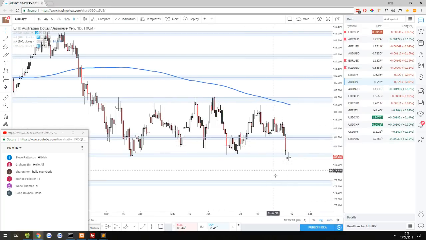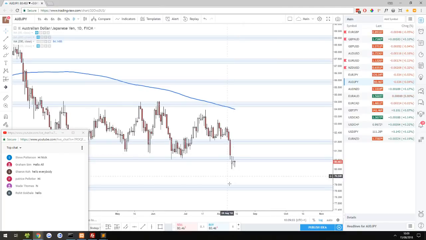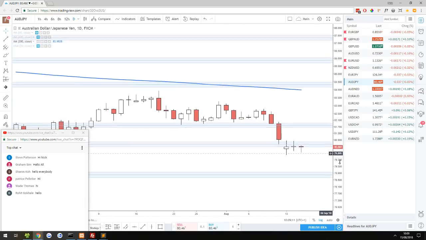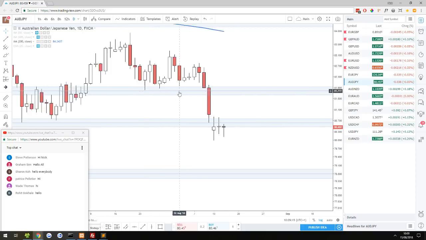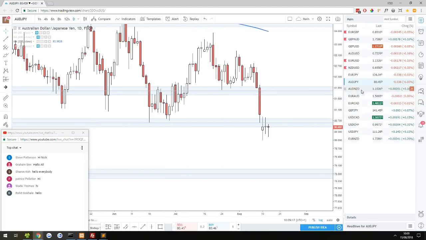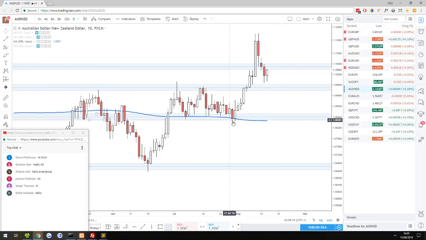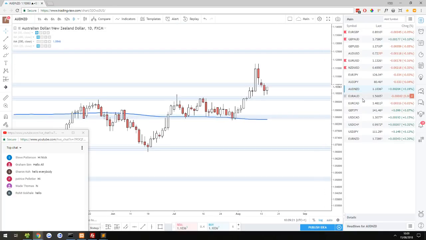Taking a trade from here, like I said yesterday, would be quite difficult, because the risk to reward ratio is just horrible. I'd want to have a stop loss below the low of this. Let me zoom in. Below the low of this candle, which will just make the numbers really, really difficult. So I'm probably not going to do anything there. AUD New Zealand, nothing much going on.